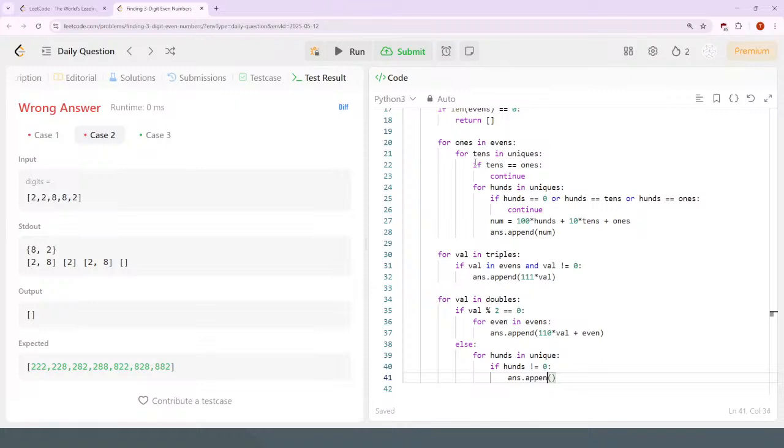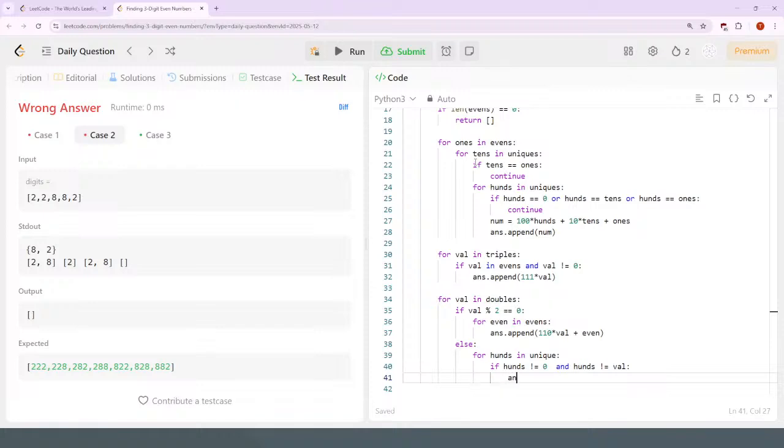Oh, I think maybe if the hundreds is not the same thing as my value, if huns not equal to value, then because it'd be covered as a triple in that case, then you can start with it.